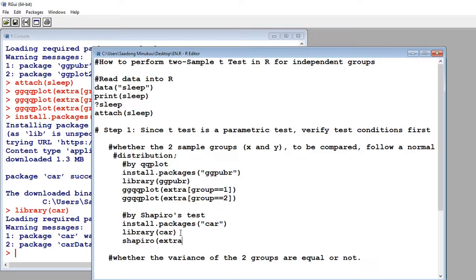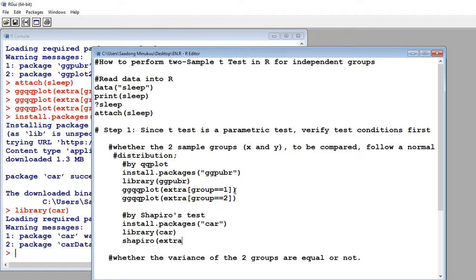We have to look at whether the distribution, just like what we did here. We have extra here for sample 1, group 1. So we look at whether the distribution of the extra hours of sleep among the individuals that took soporific drug 1 actually follows the Gaussian or normal distribution law.